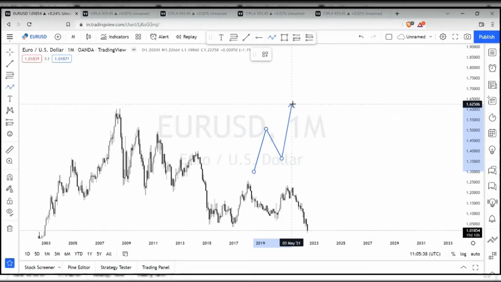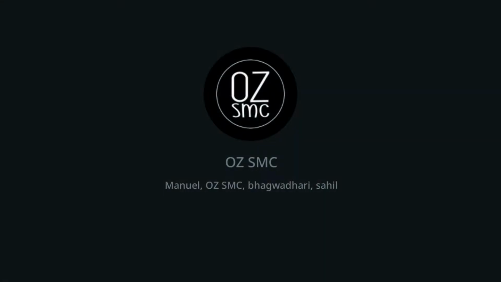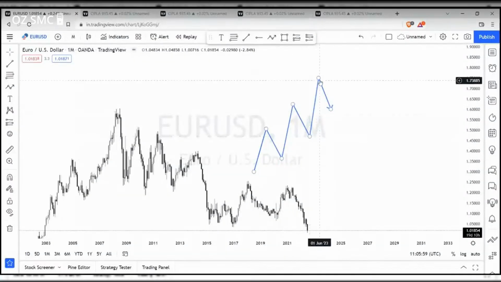What it says is that once price moves, breaking a high, then when it comes back to certain demand zones and the retrace is done, the next move is expected to make a higher high, breaking this high. So higher high, higher low, higher high, higher low, higher high, higher low. This is what Dow theory implies.